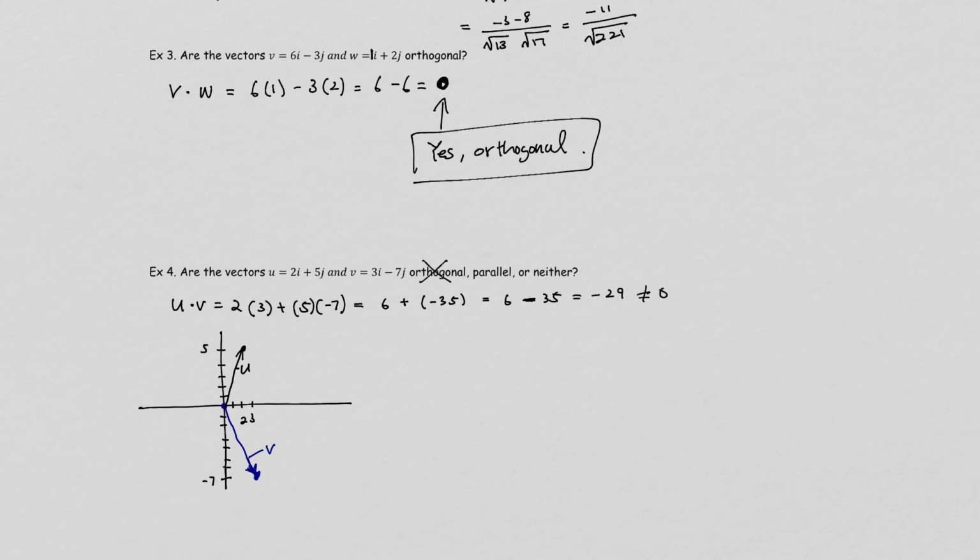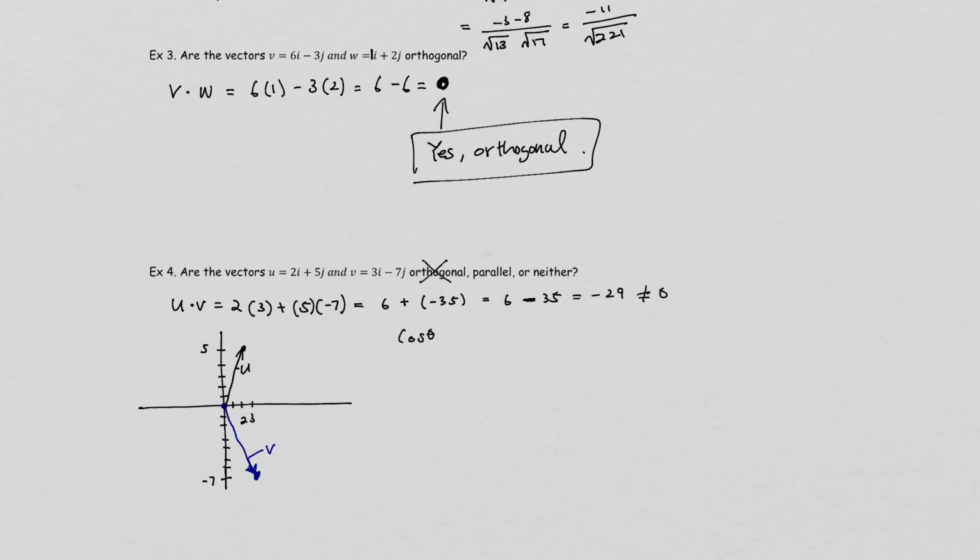If we can find this angle, and it's not 180 degrees, then it's not going to be parallel, right? To be parallel, having the same slope, you will have the angle of 180 degrees or 0 degrees, right? So let's see if we can find that.